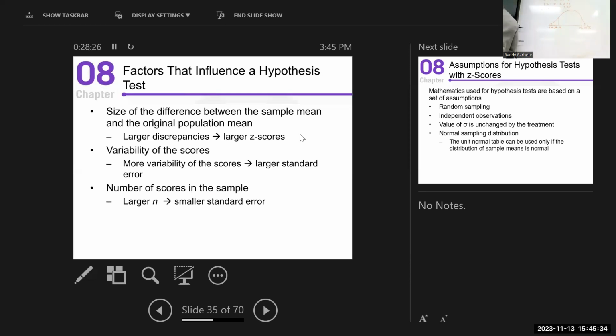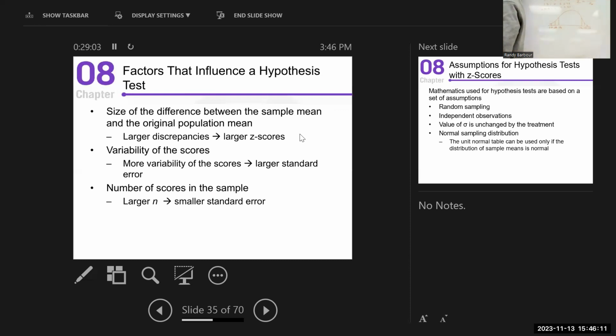So the larger your discrepancy, or the larger the difference between the sample mean and your respective population mean, the larger the z-score. Because if you think about the z-score, the larger this discrepancy, the larger this is. The first one.